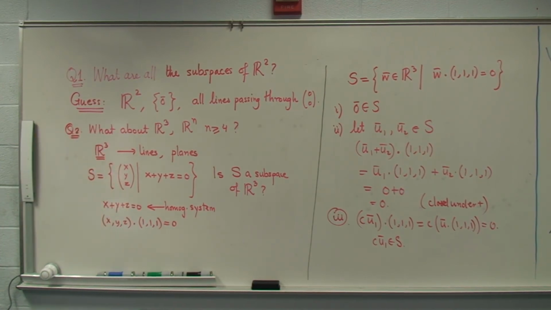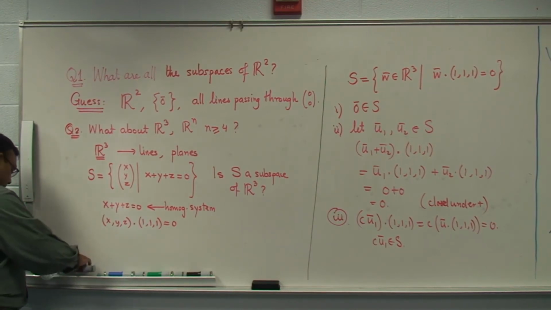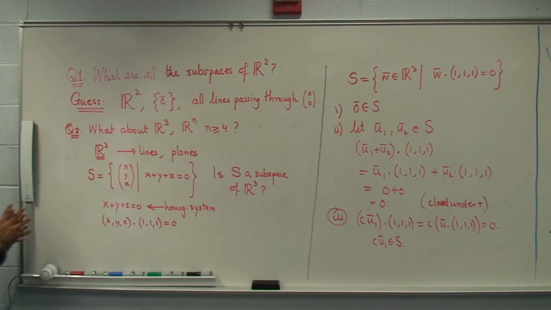That is the reason I went through this way of looking at it rather than the usual way, because it has more potential of getting generalized. So if you were to take a guess about R3, what are all the subspaces of R3? Can we say it will be R3, the 0 vector, all lines passing through the origin, and all planes passing through the origin? Again, the question comes, are these all? How do we know that?